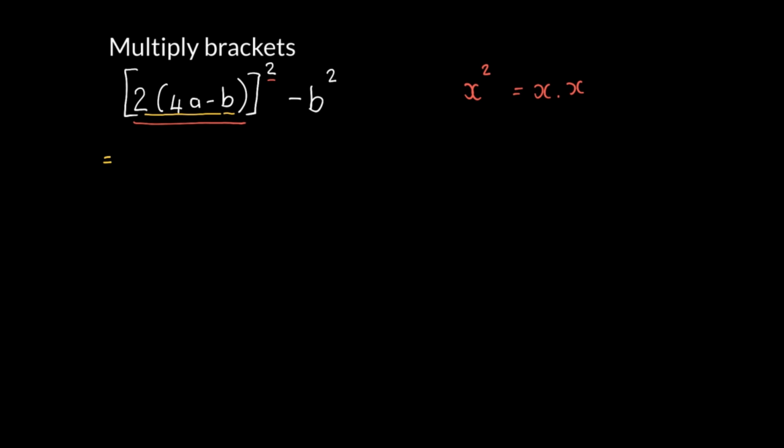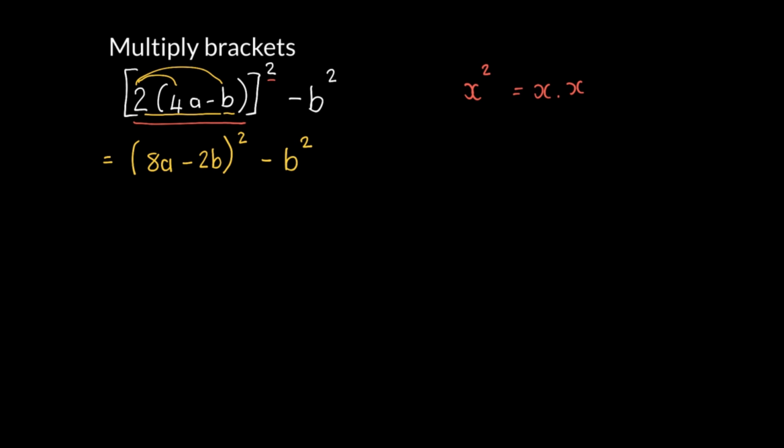So I'm going to take 2 and multiply it by 4a. I'm just going to keep my brackets there. That's going to give me 8a. And then 2 multiplied by negative b is going to give me negative 2b, and all of this is still going to be squared minus b squared.